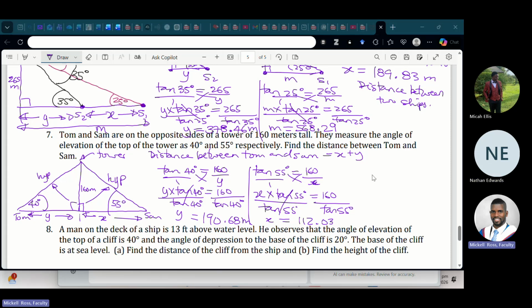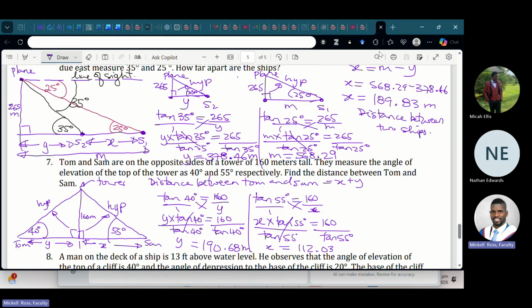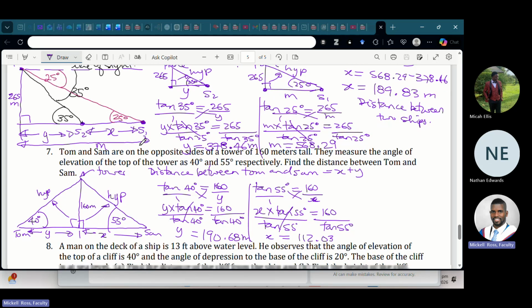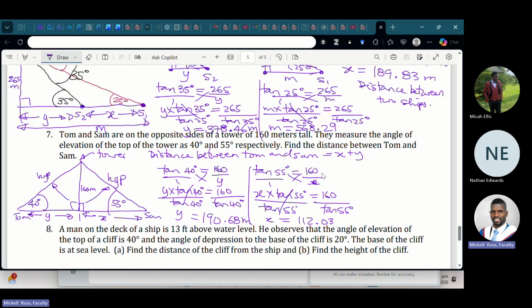Yeah, go ahead. Because it says that they are on opposite sides, we would have to reflect that opposite nature, because we couldn't draw it like when both of them are on the same side, like ship 1 and ship 2. Right? So that's the only difference that we would have to pay attention to.